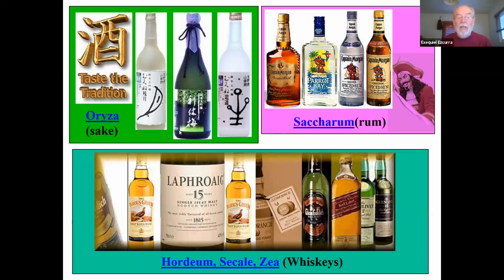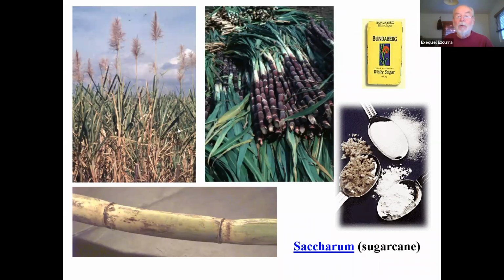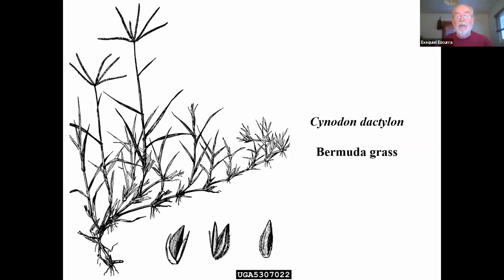From barley, rye, and corn, we make all sorts of distillates like whiskey and gin and many others. And of course, from sugarcane we make all sorts of things, and they are sometimes a little bit too much in the base of our human calorie consumption. I sometimes do wish we ate less sugarcane. It's not necessarily very good for us.